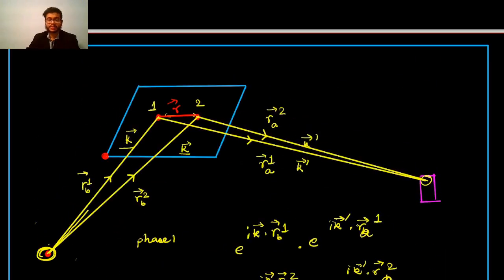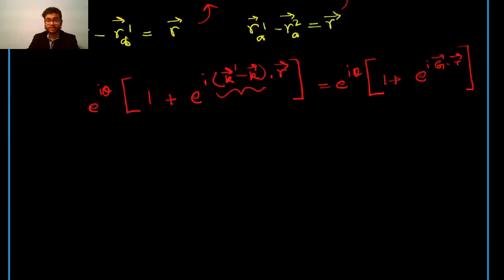Another way, same thing if we write, for example, with respect to this origin, let's say this is the origin. This is R1, the respective positions of R1 and R2 are given.